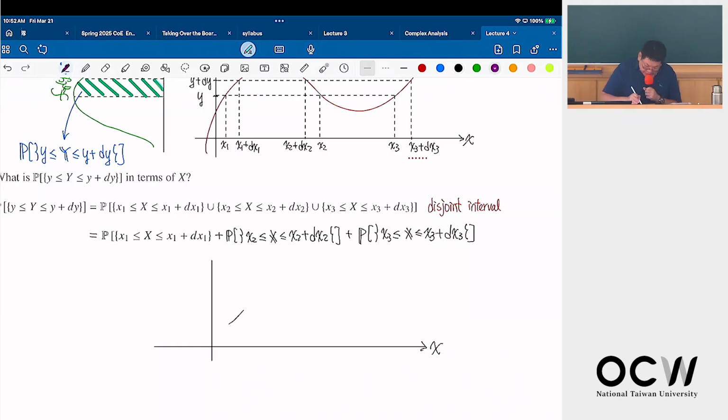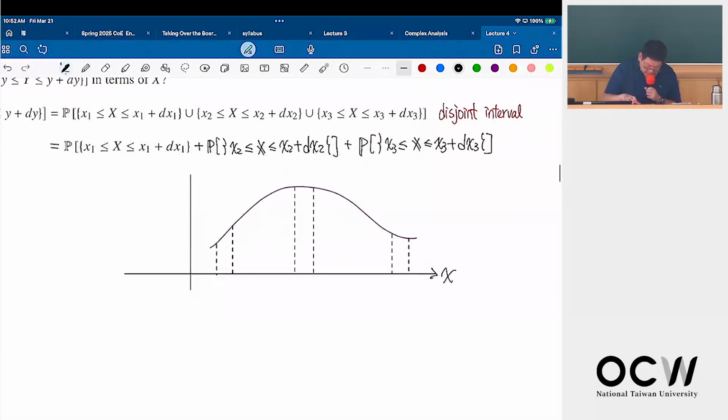So the PDF, and we have x1, x1 plus dx1, x2 plus dx2, x2, and then x3, x3 plus dx3. And then we have the region.